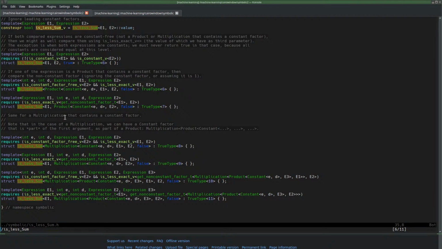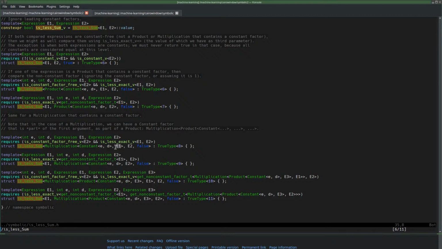The same for multiplication that contains a constant factor. Note that in the case of multiplication you can have a constant factor that is part of the first argument as part of a product, multiplication of a product of a constant. That would be the last two specializations. Still, as a result, the second argument of a multiplication and a product are always constant 3.